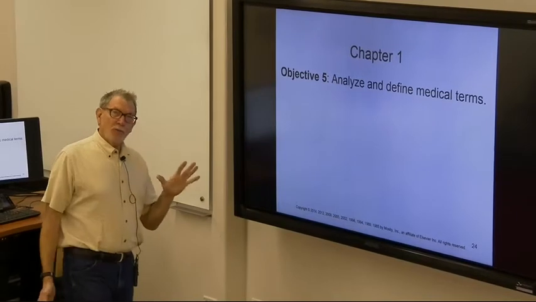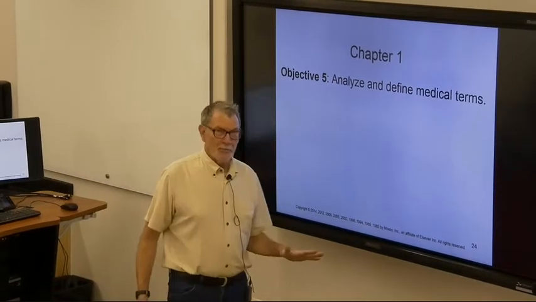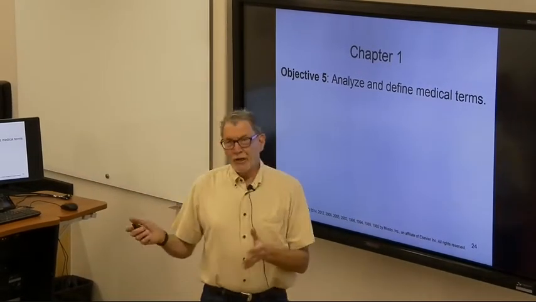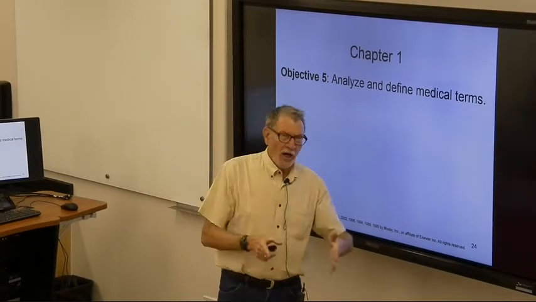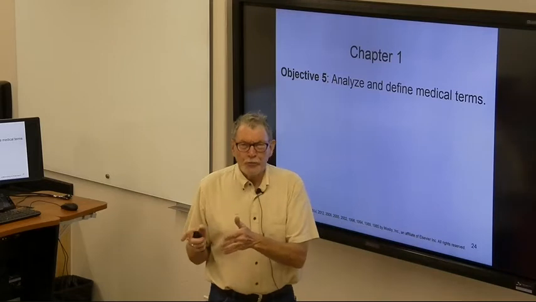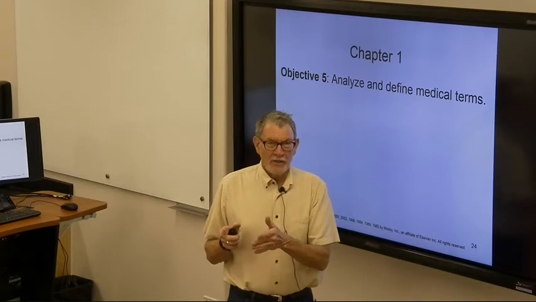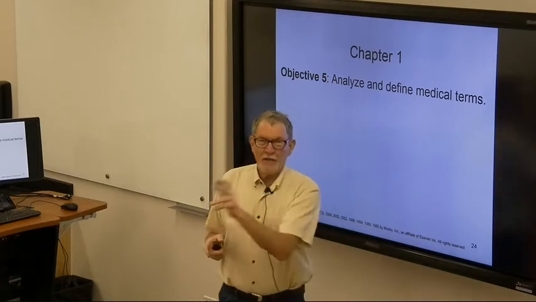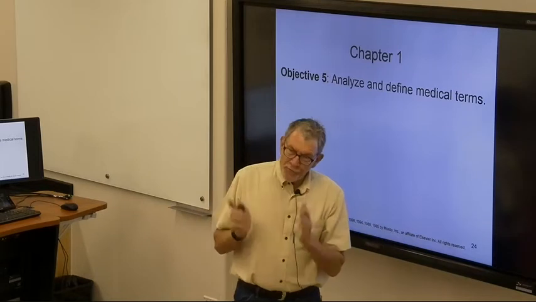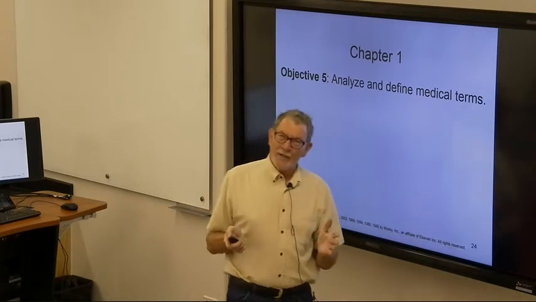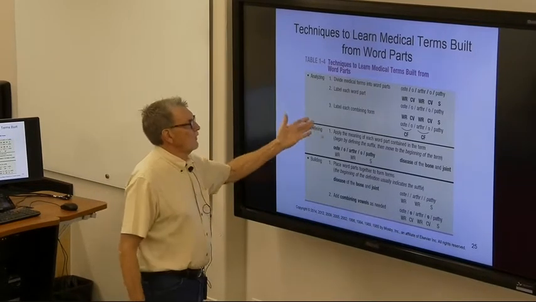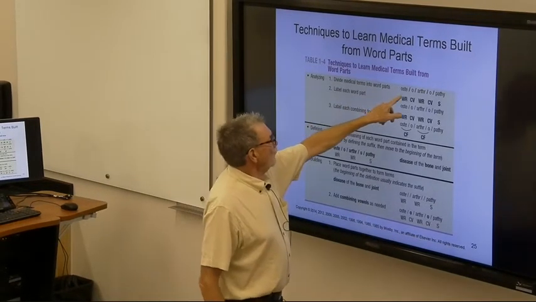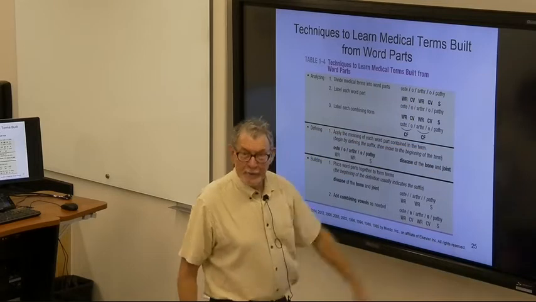So let's do an analyzing of these medical terms. As I say, as you get farther into the course, you won't take the time to do this so stringently. You'll say, that's inflammation, and it's that and that. But the first way to figure it out is to go through this defining process here. So we have osteoarthropathy.